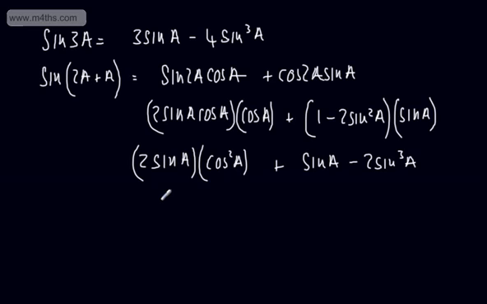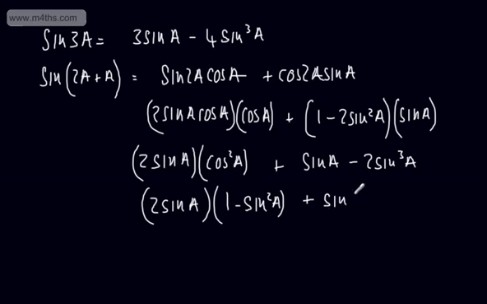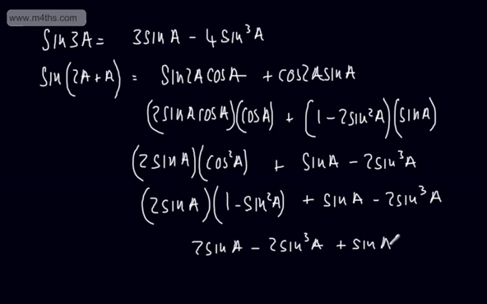We know that cos squared a is 1 minus sine squared a, so we've got 2 sine a multiplied by 1 minus sine squared a. That's just using cos squared a plus sine squared a is equal to 1. Plus the sine a minus 2 sine cubed a. So let's go ahead and multiply this out. We've got 2 sine a and then minus 2 sine cubed a, plus the sine a and then minus the 2 sine cubed a.